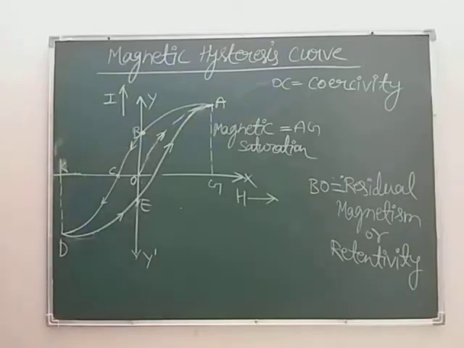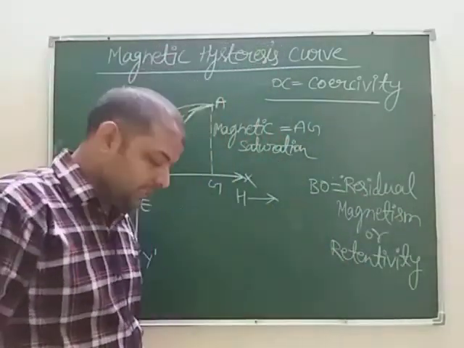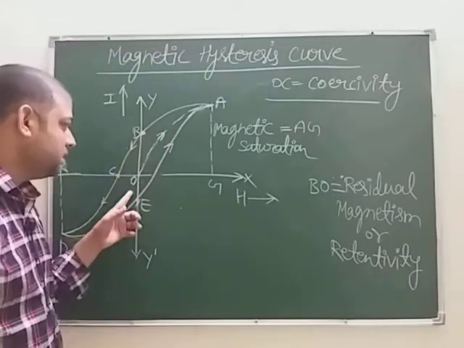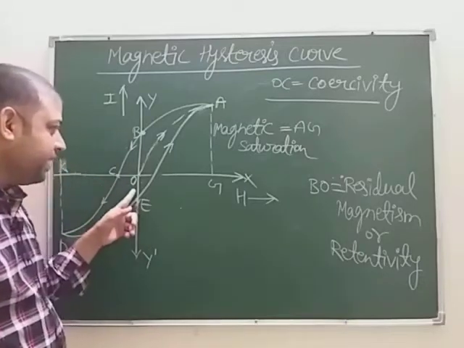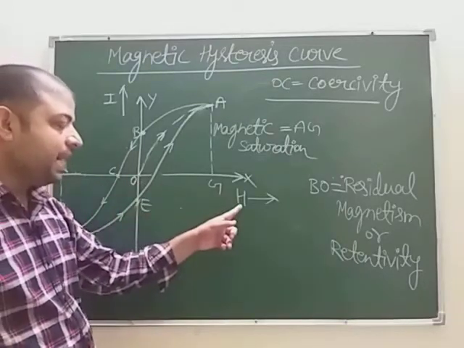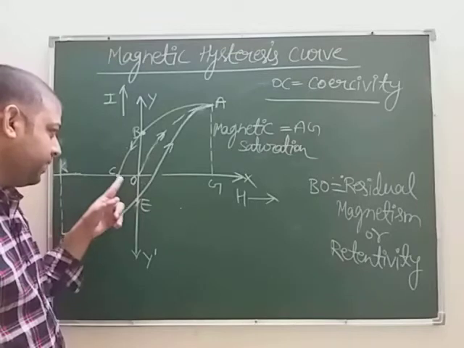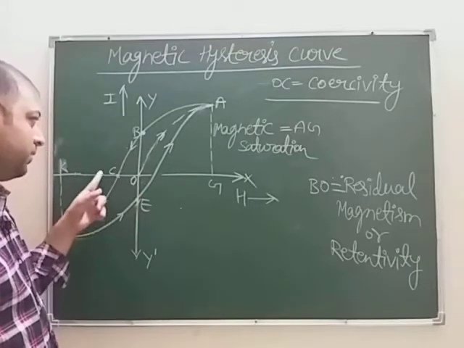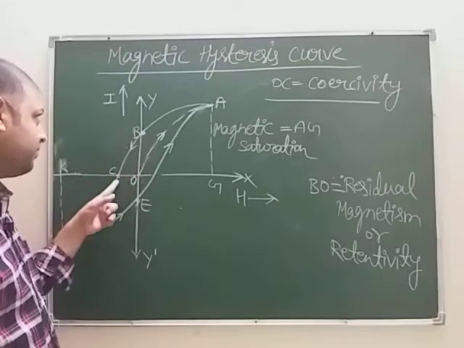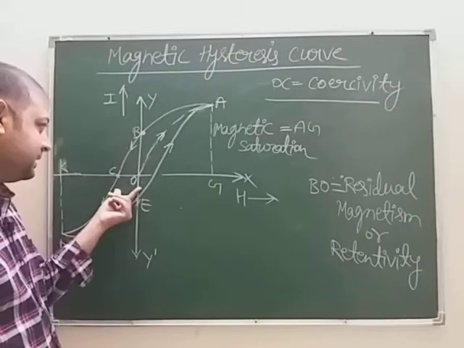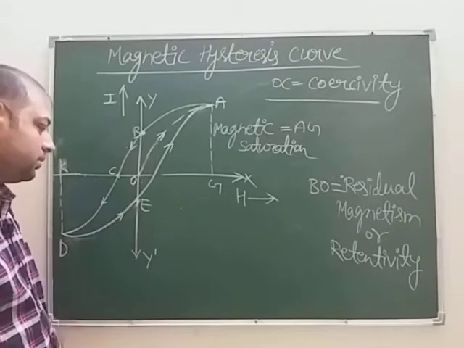Now I will define the second one, coercivity. Write down the definition. Start: the negative value of the magnetizing field H, or the value of H in the opposite direction, which is given to the ferromagnetic substance so that the intensity of magnetization becomes 0, that negative value of magnetizing field is called coercivity.